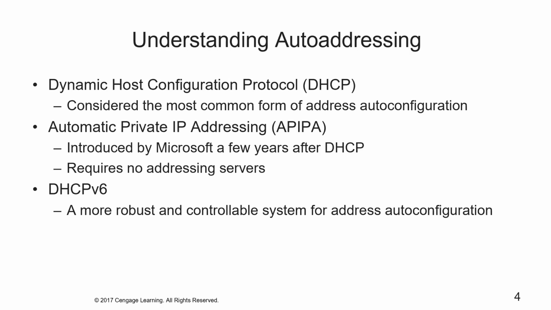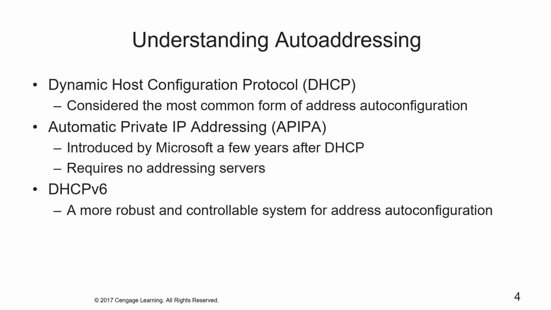So although DHCP is considered the most common form of address autoconfiguration, it's not the only mechanism for clients to obtain an address automatically. So Dynamic Host Configuration Protocol, or DHCP, is the most common, but there are other mechanisms, and these include Microsoft's Automatic Private IP Addressing, or APIPA, and DHCPv6 as well.